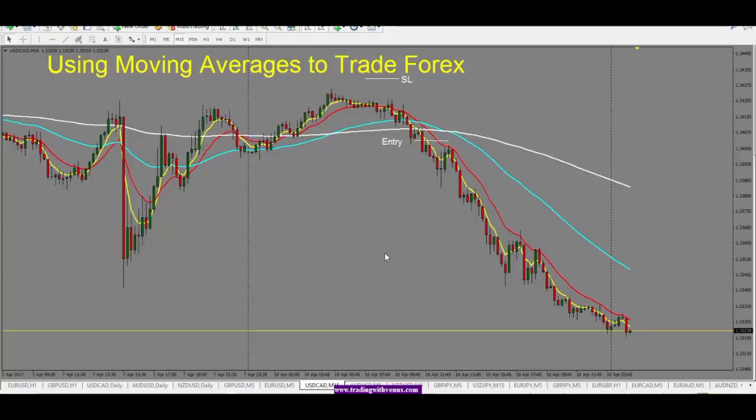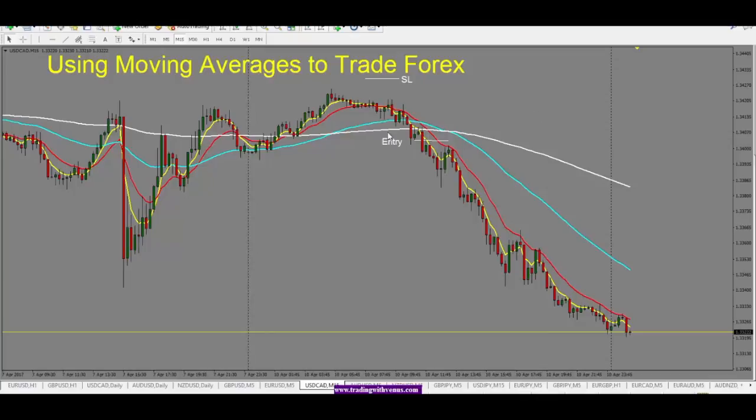When they are stacked like that, that means the trend is to the downside, and you will also see this is sloping downwards. So when your shorter moving averages cross to the downside from above the longer term moving average, that gives you the indication that price is likely to move lower. So this would be a signal to enter the trade.